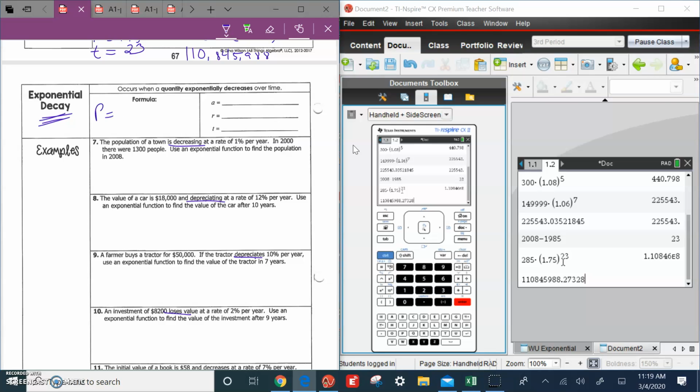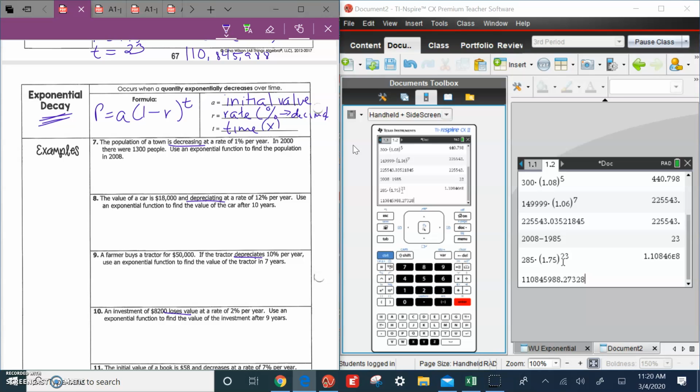And very similar formula, pretty much the same thing, except we subtract the R. Okay, so A again is the initial value or starting value. R is the rate, which will be given to us as a percent, but we change it to a decimal. T is time, and that is our X, or our exponent.